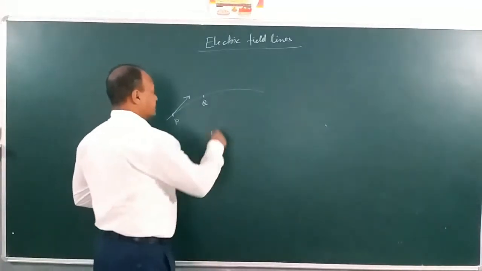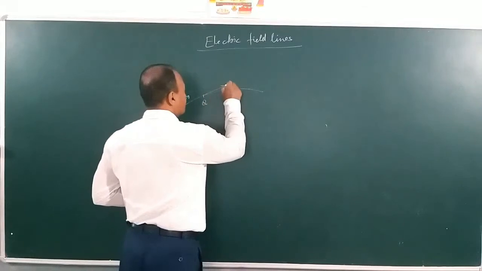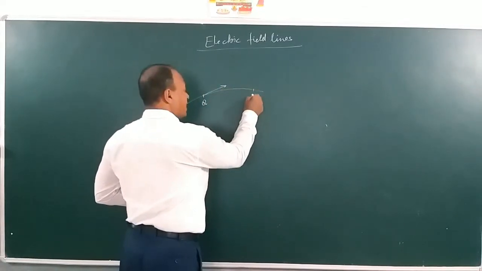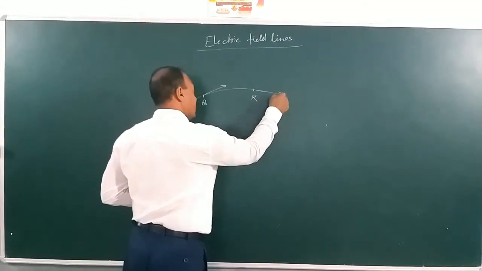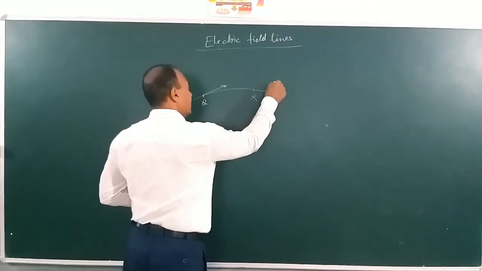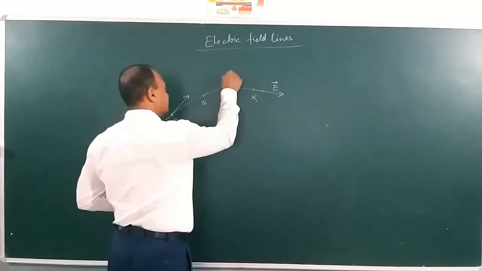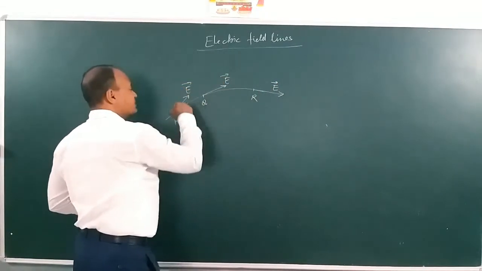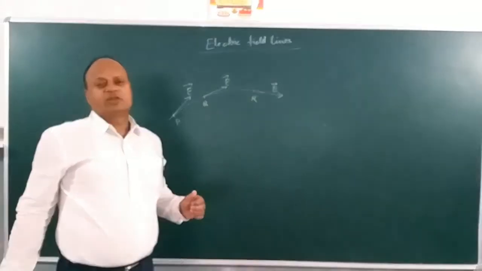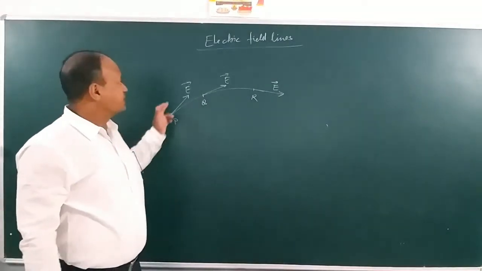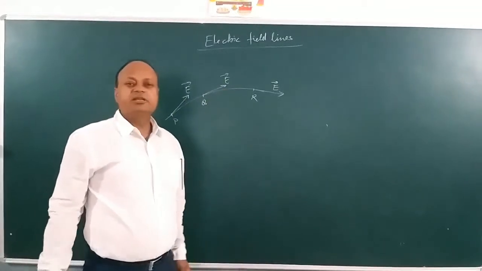Again, we draw a tangent at this point. There is a point R, and I want to know the direction of electric field at R. And these electric fields at all these points are given by tangents drawn at these points. Then this curve becomes an electric field line.